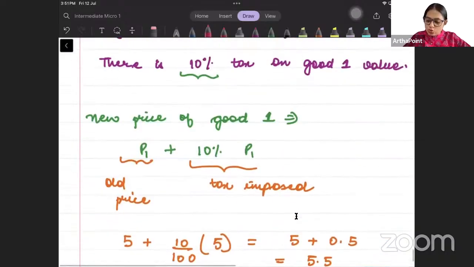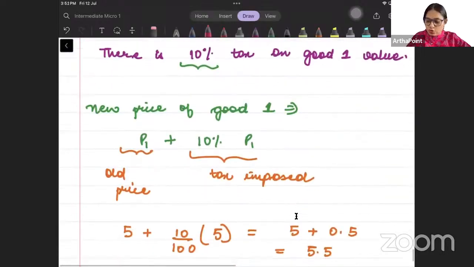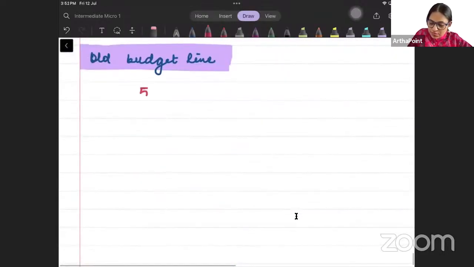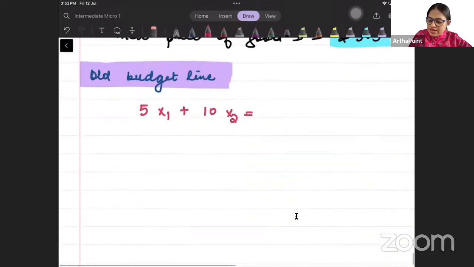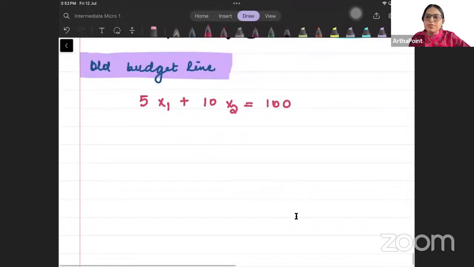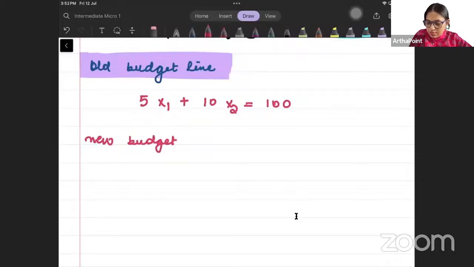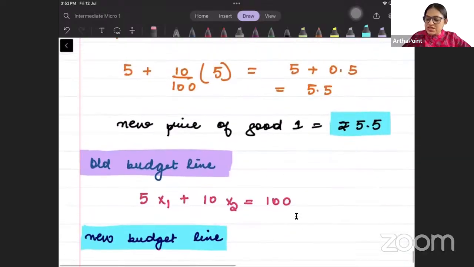Yes, it is going to be P1, price of good 1, X1 plus P2 X2 is equal to, income is given as 100. Right? And what will be your new budget line, beta? New price is what? New price of good 1 is 5.5.